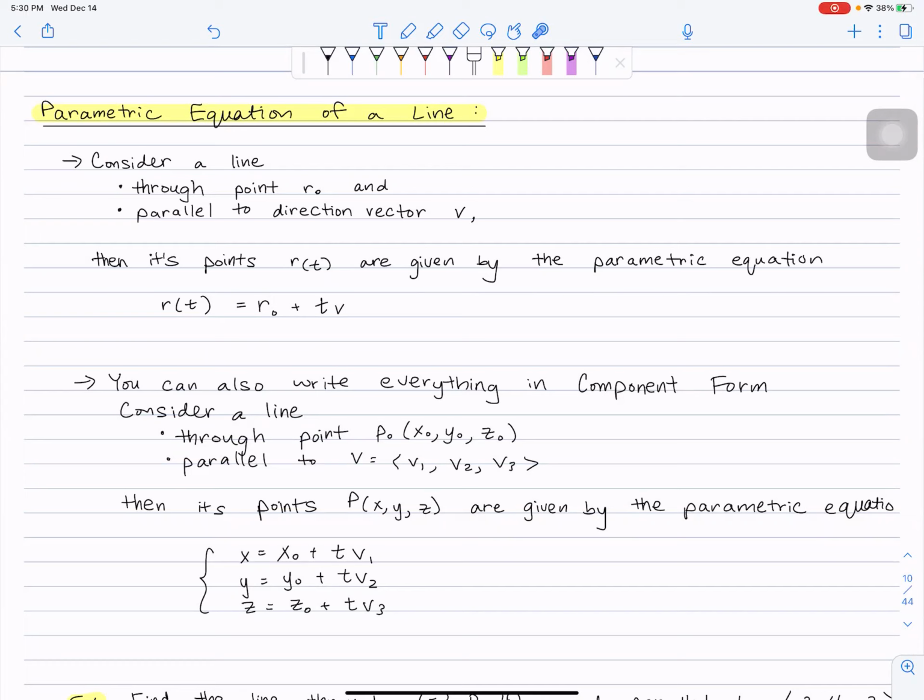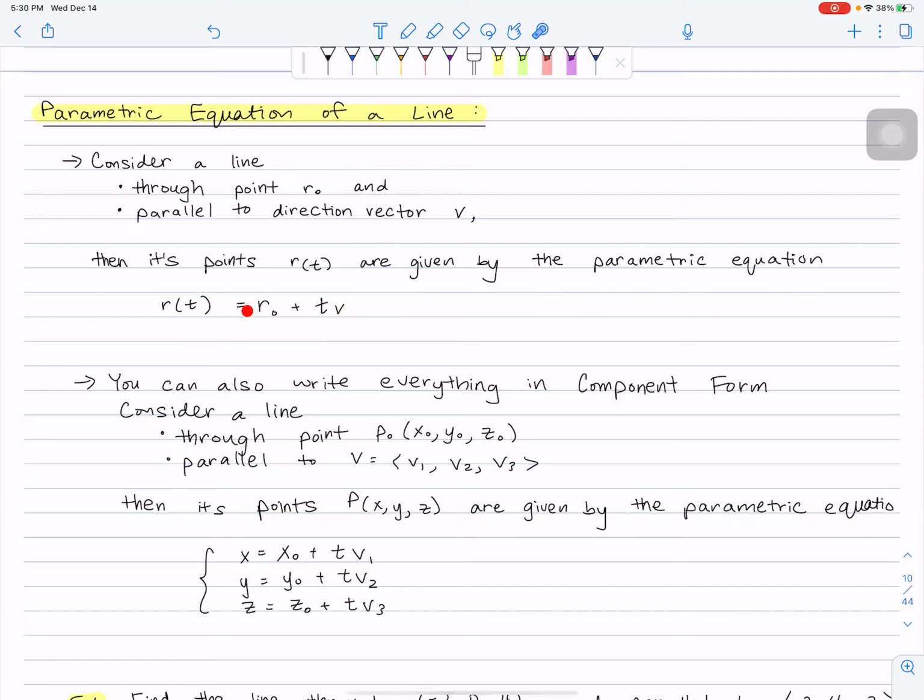Sorry. Okay, so for any point r naught and direction vector v, the equation of a line is given by r of t equals the original point plus your variable t times your direction vector.